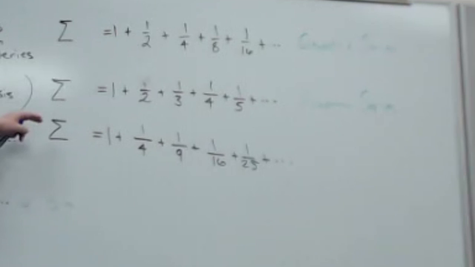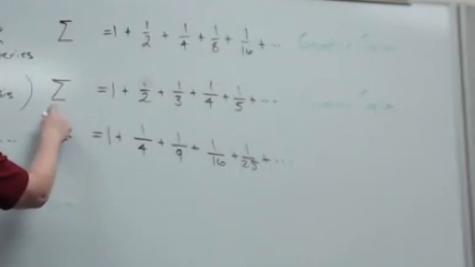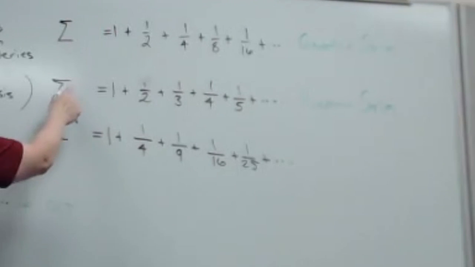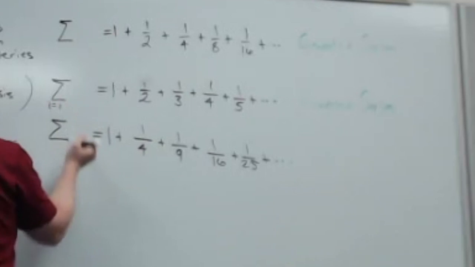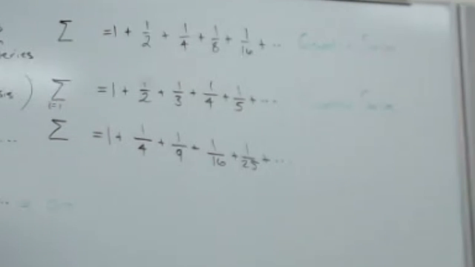So let's start with the middle one, the harmonic series. How would I fill in? I need to put something here that indicates where I begin, something over here, and I needed some sort of an index. So like i equals 1. What else?